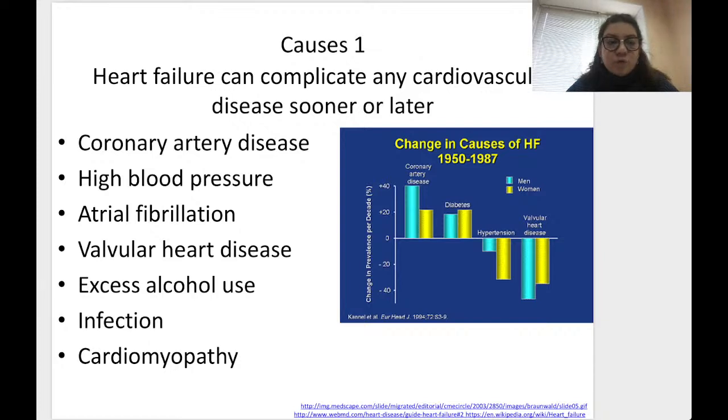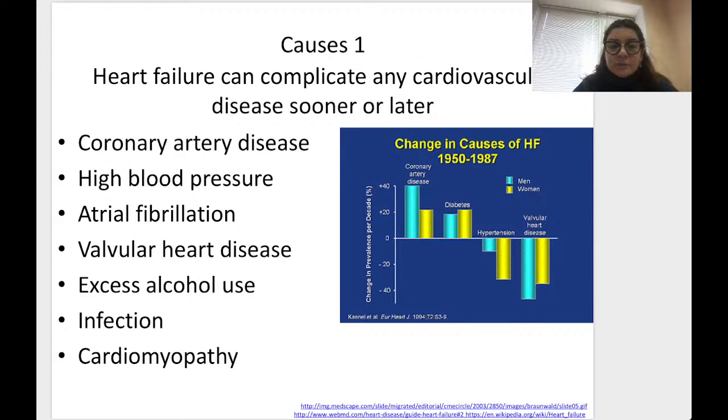What is the most common cause of heart failure? According to importance in the population, it is coronary artery disease, it is high blood pressure, and we name it hypertension. It can be atrial fibrillation, valvular heart disease.